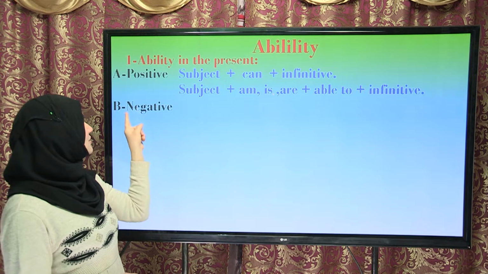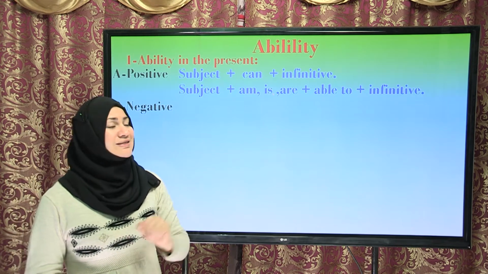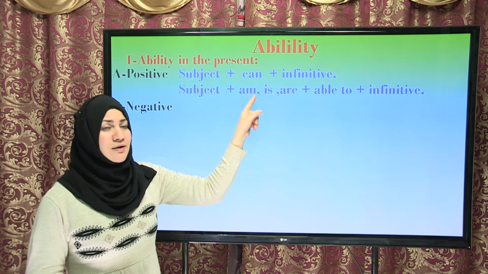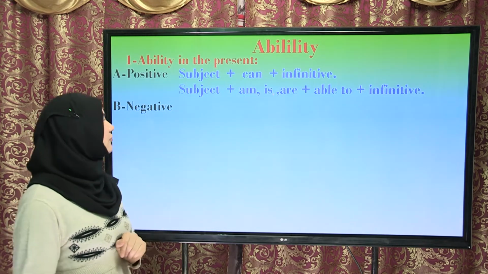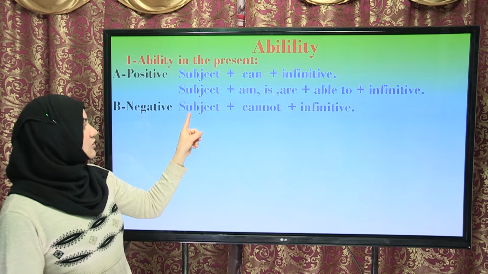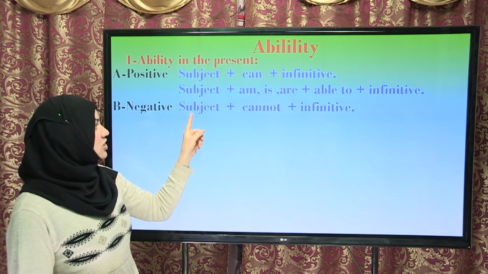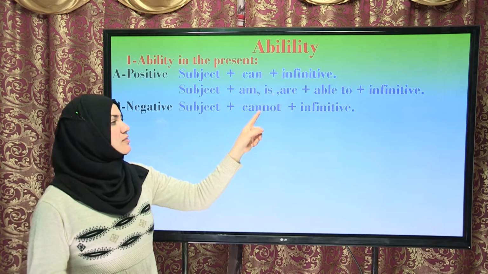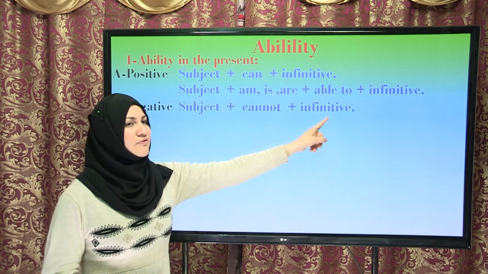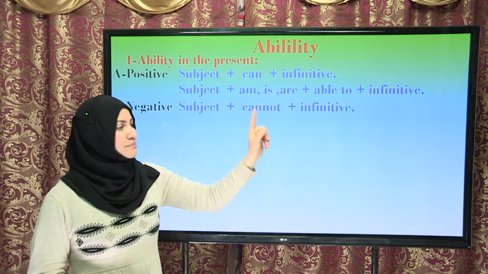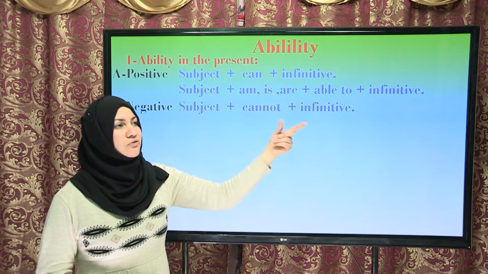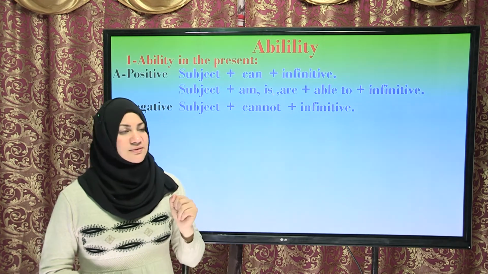The second point: negative. We are going to see the same points with these two verbs, but in negative form. The form is subject plus cannot plus infinitive, or subject plus can't plus infinitive. The short form of cannot is can't.